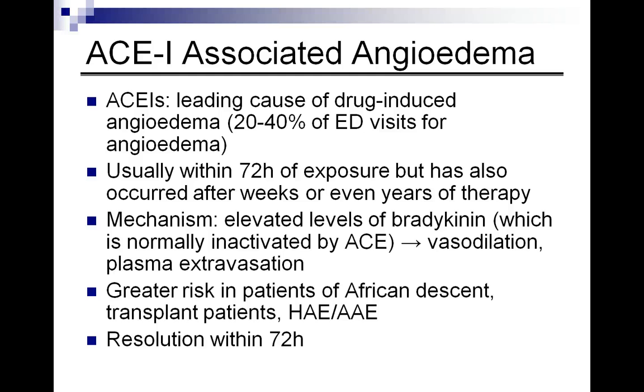We do see it more in patients of African descent, as well as patients who've had transplants, and certainly those who have a known history of hereditary or acquired angioedema. Typically, the angioedema resolves on its own within about 72 hours, but certainly supportive care is required during that time.